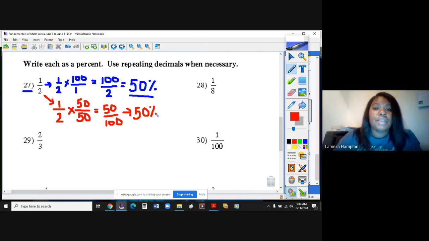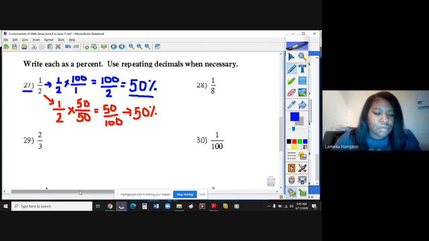Okay, so just remember, there are two ways that you could potentially solve number 27, but also remember that is not always going to work for some bottom numbers, just like numbers 28 and 29. I can't do what's in the red for numbers 28 and 29 simply because the number 8 is not a factor of 100 and the number 3 is not a factor of 100.